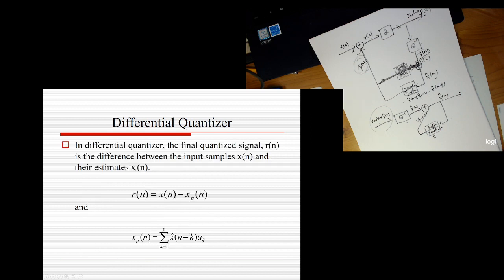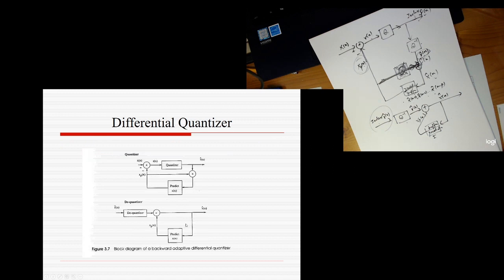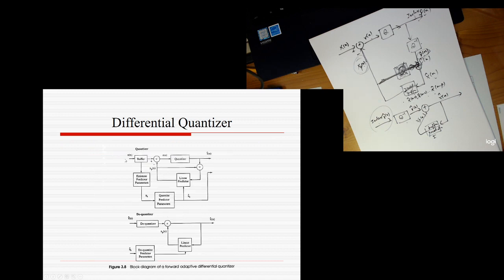Sometimes the decoder wants to know how to get the coefficient, because the encoder and decoder coefficients should be known in advance. So here they show that according to the input data, we have a buffer, maybe one speech frame. It could be 20 milliseconds, which would be 160 samples, or 30 milliseconds for one buffer, which would be 240 samples.